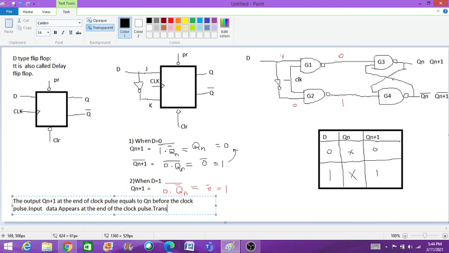So the transfer of data from input to output is delayed.